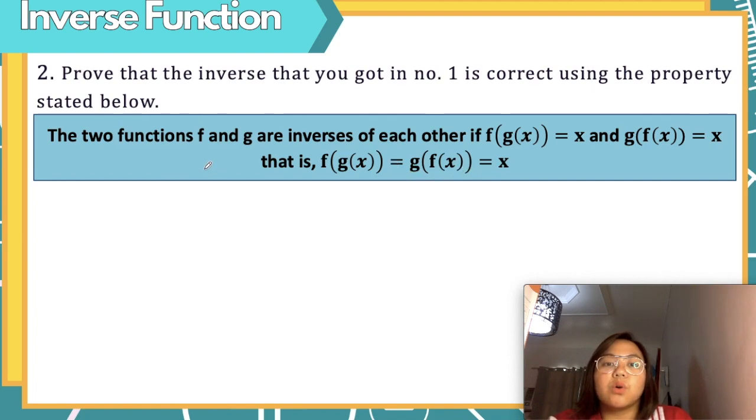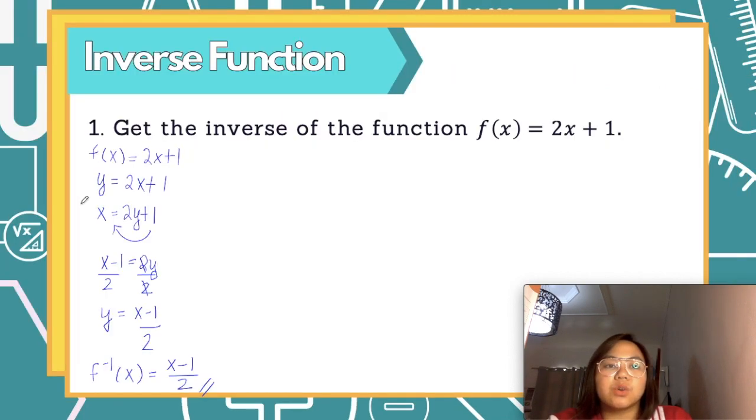Okay, so let's name the inverse that we got in number 1 as g of x for us to prove that they are inverses of each other using this given property. So the function is f of x is equal to 2x plus 1, going back to number 1, and the inverse is x minus 1 over 2.